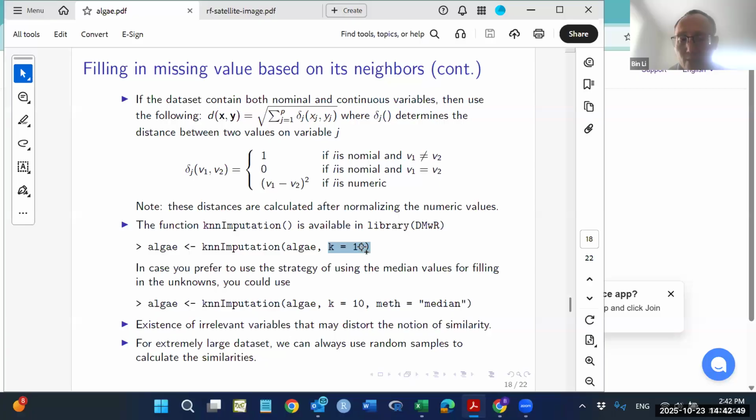I use 10 as the neighborhood size to impute the missing values on the algae data. You can also specify the method, like the medians or the weighted average. I think by default it's the weighted average, but you can also use the medians. So there are options.